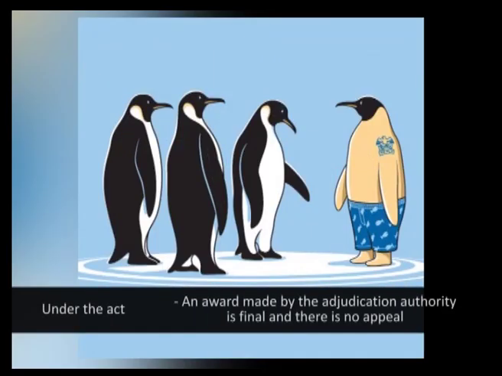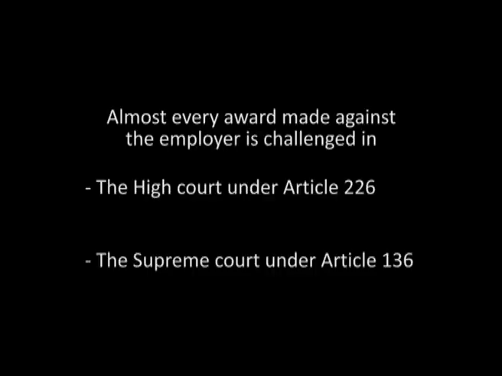Under the Act, an award made by the adjudication authority is final as there is no appeal. However, in actual practice, almost every award made against the employer is challenged in the High Court under Article 226 and 227 and in the Supreme Court under Article 136.